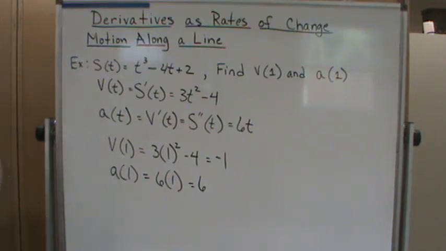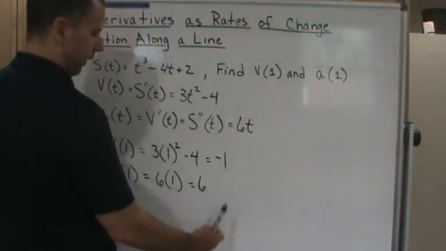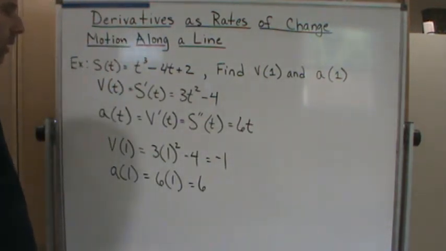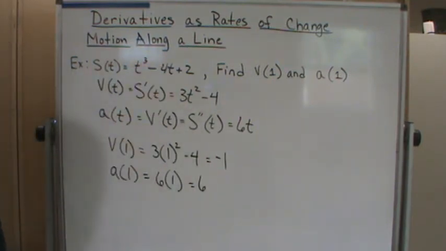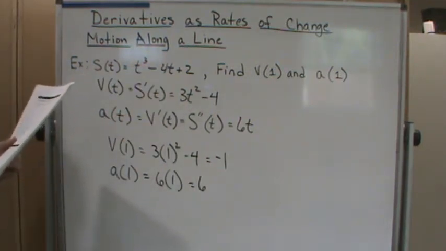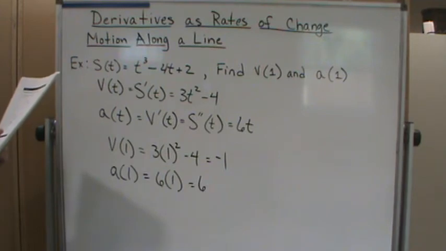Okay, now, if you look at the velocity, it is negative 1. So if the positive direction is to the right, then the negative direction is going to be to the left.